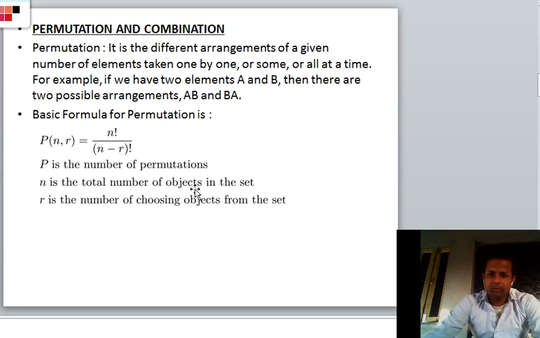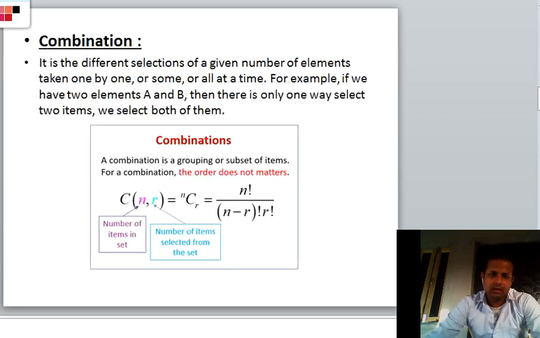The basic formula we use in permutation is nPr, which is factorial n by factorial n minus r. So permutation is the arrangement of n different objects taken r at a time. Similarly, the basic formula we use in combination is nCr. Combination is the selection of n different objects taken r at a time.